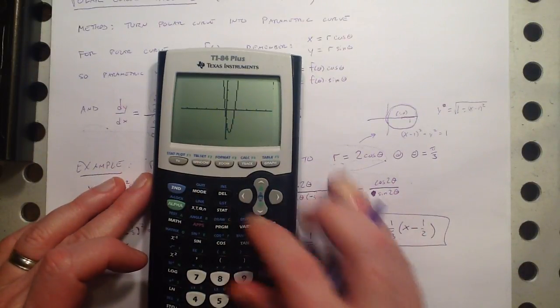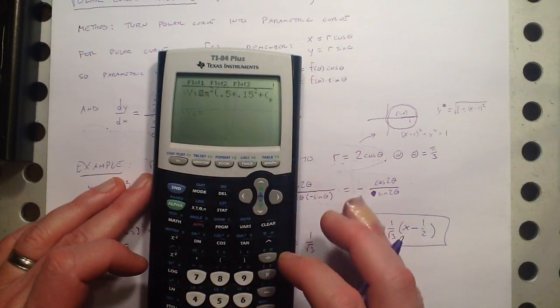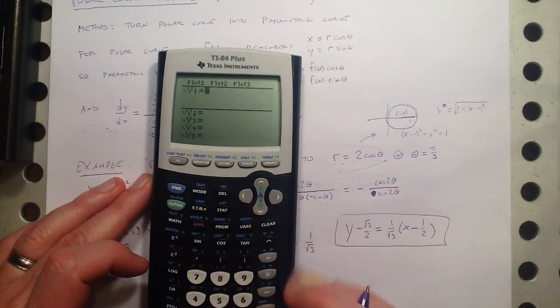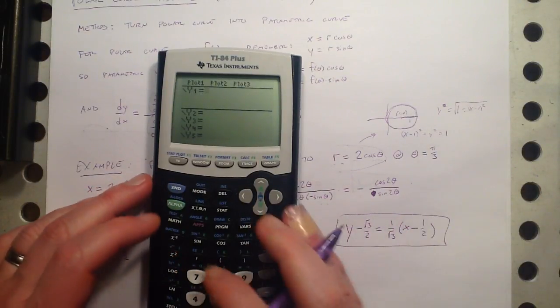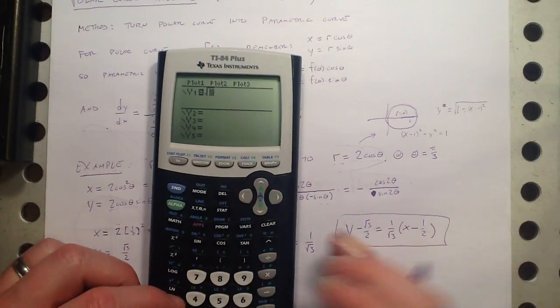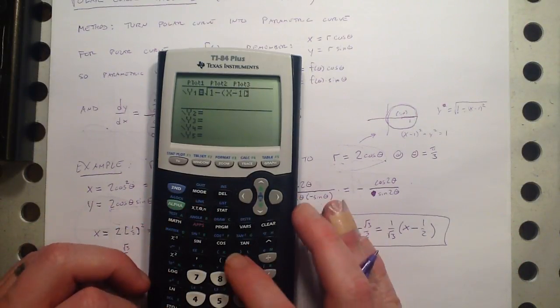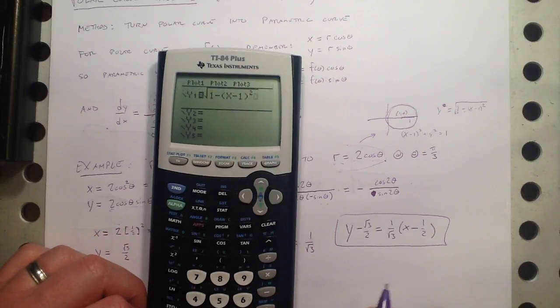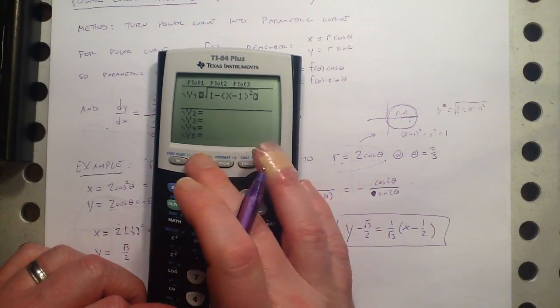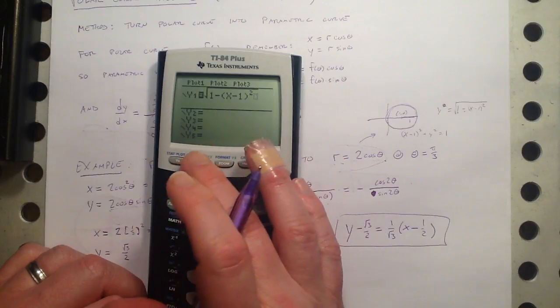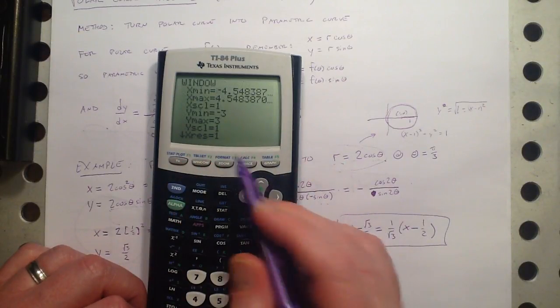So, whoa, what's that? Garbage. So here I want the square root of 1 minus the quantity x minus 1 squared. And let's see. I'm not going to hit graph until I look at my window.